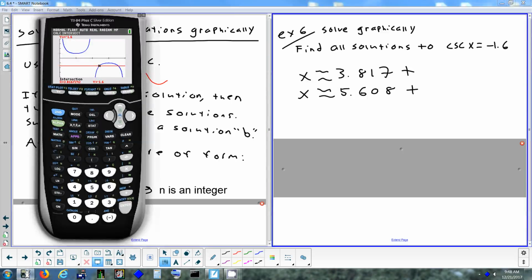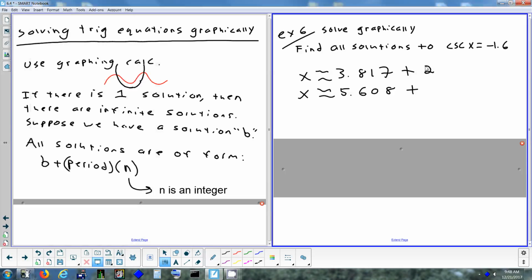Infinitely. And what's the frequency of the infinite amount of answers? How often? Plus 2 pi n. Yep. So if you wanted to know where's the next time that you're going to get an answer, take 3.817 and add 6.28, to get a rough answer. It's plus 2 pi n.